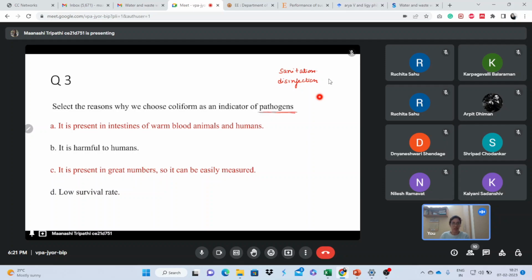Sanitation and disinfection? Any idea? I hope you know the meaning of these two terms. Disinfection is the process of killing the pathogenic bacteria, ma'am. Yes? And sanitation? Sanitation is the process of preventing the bacteria from.